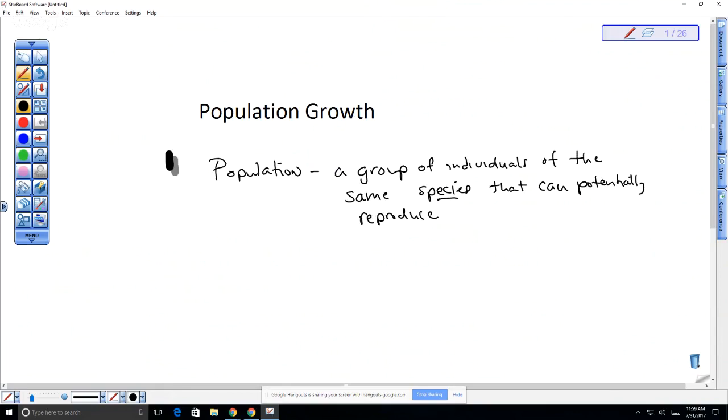So a species is a group of individuals that can reproduce and produce viable offspring.